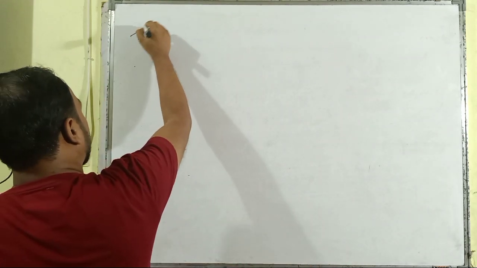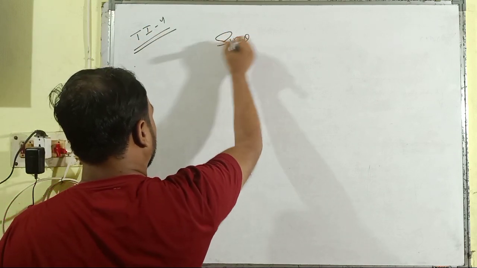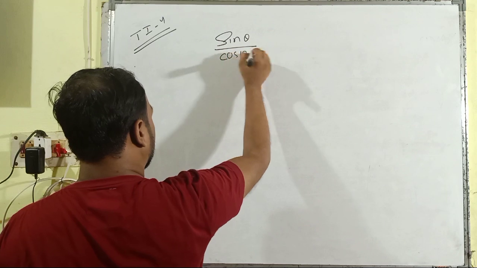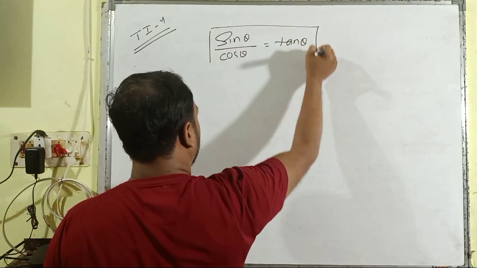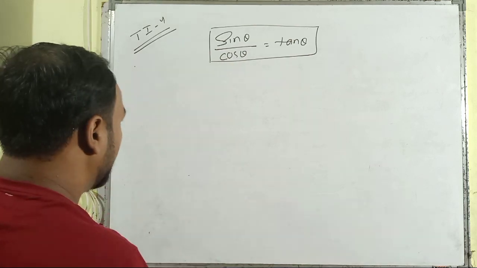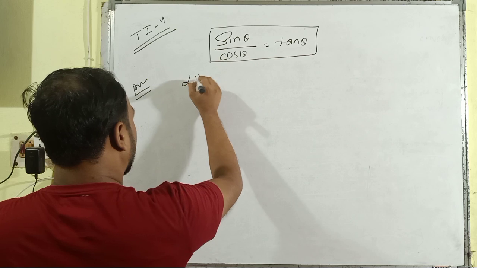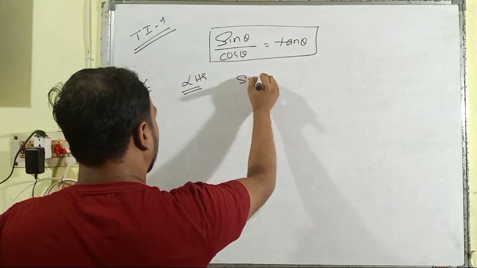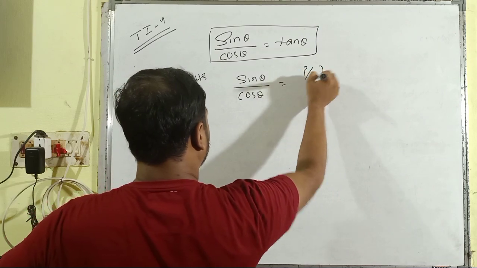The trigonometric identity rule number 4 tells that the division of sin theta upon cos theta gives us tan theta. So the proof is here. Taking the left hand side part, sin theta divided by cos theta. The value of sin theta is p by h.